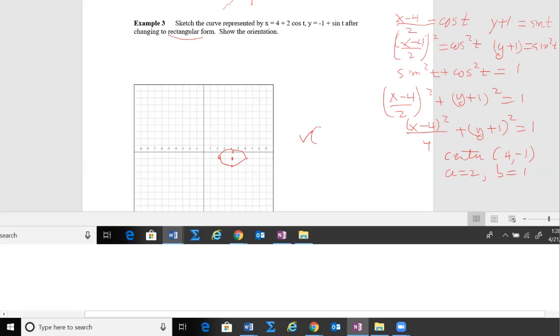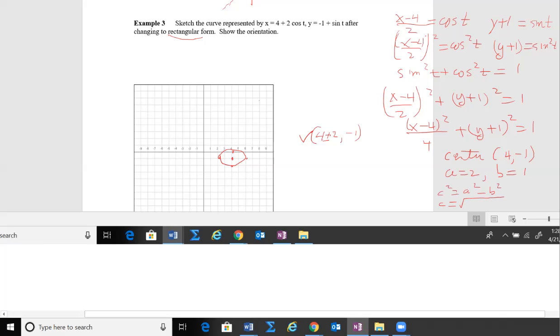We had 4 plus or minus the a, and then we had, well, I should put that in there, plus or minus the 2 with a -1.